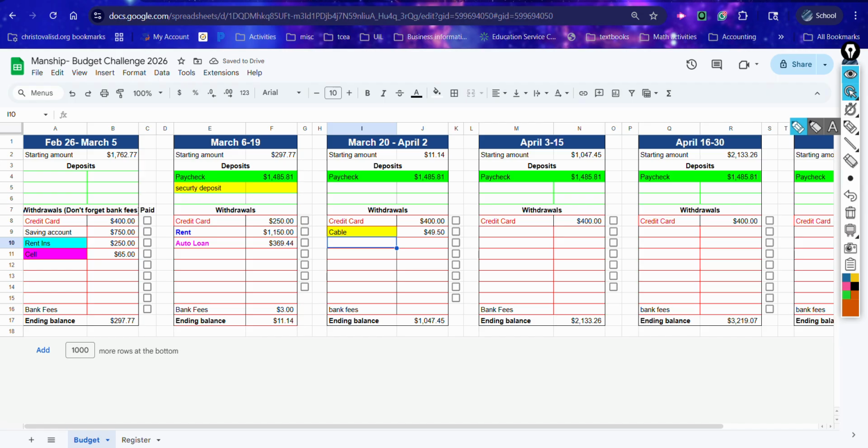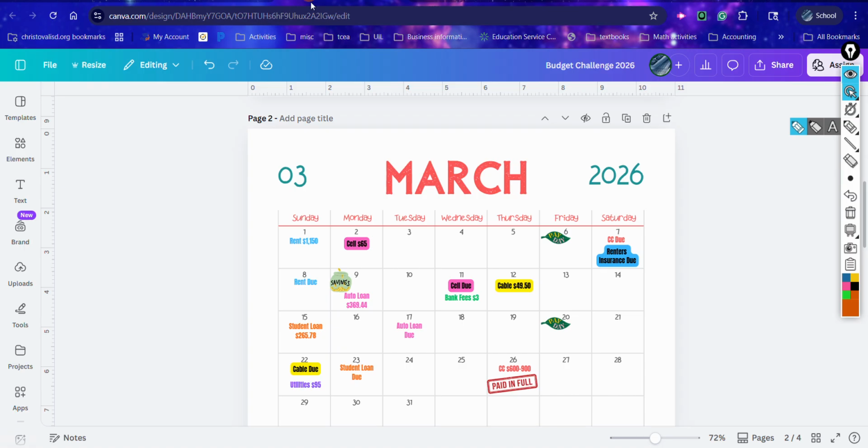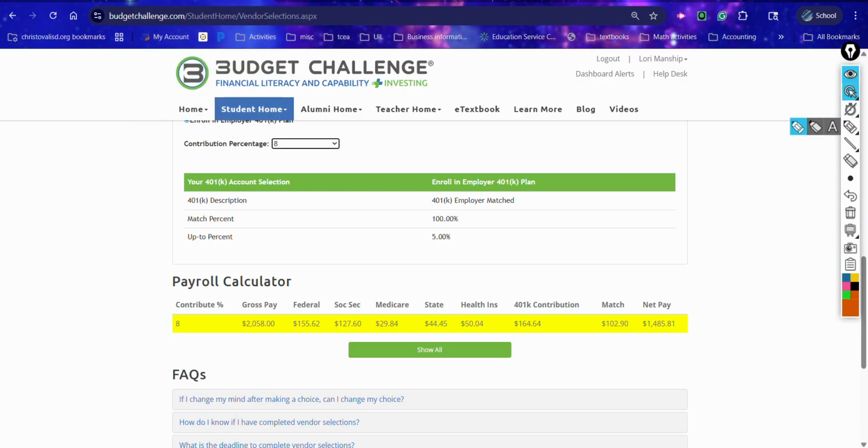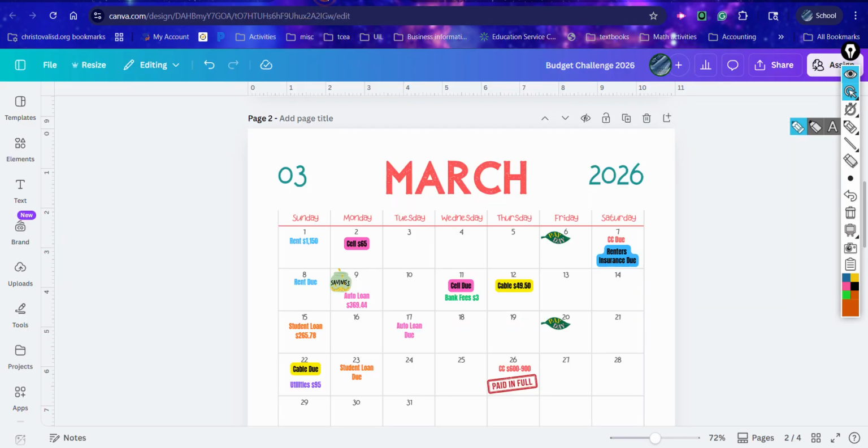And then I'm going to go in here and go, okay, what else did I need to pay? I needed to pay my student loan. So I go over to my chart, and my student loan was $265.78.